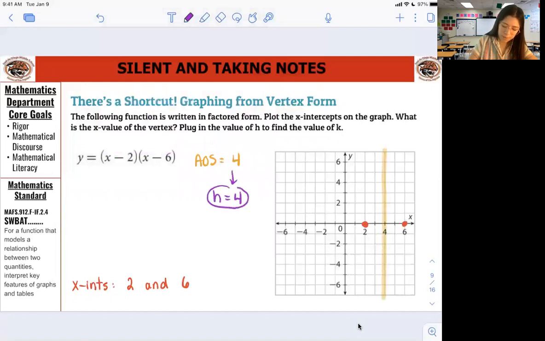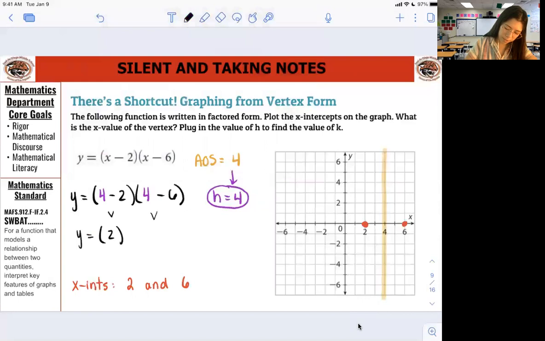What do I do with that number? Plug it in. And when you're plugging it in, you just plug it in for x. And do a little bit of math. What's 4 minus 2? 2. And what's 4 minus 6? -2. And what's 2 times -2?